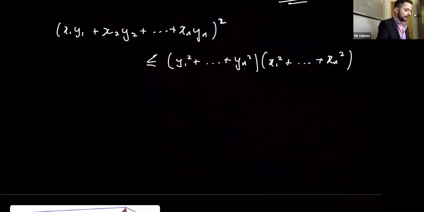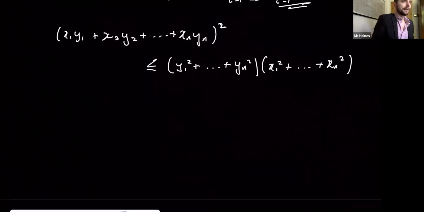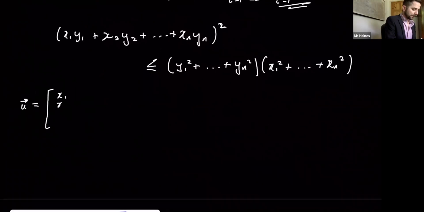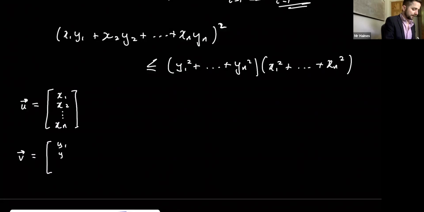Another thing some of you might like to be made aware of is that the Cauchy-Schwarz inequality is connected to vectors very strongly. So if you haven't studied vectors, don't worry, but those of you who have might be interested to know that if we let the vectors be u and v, then what does Cauchy-Schwarz say? Well, this thing is the dot product.